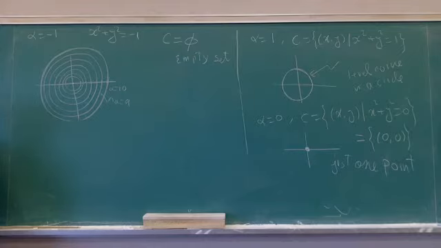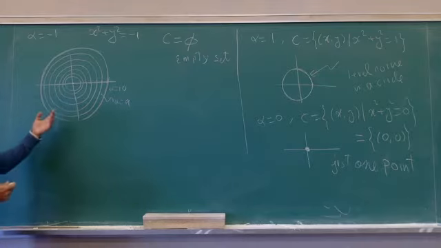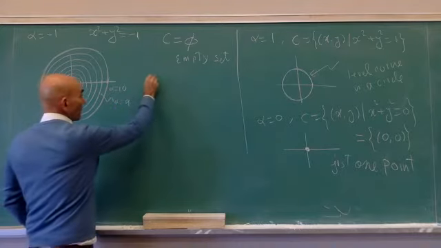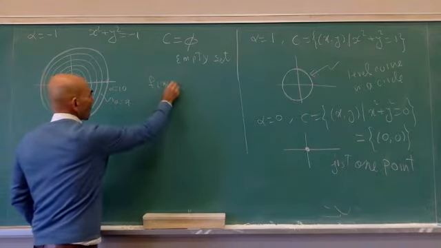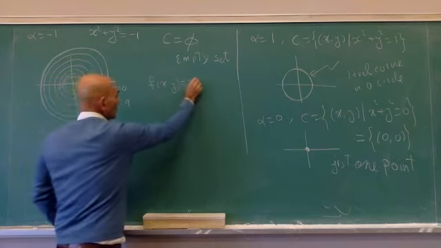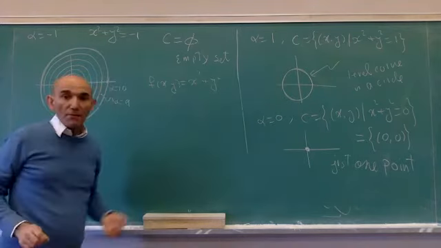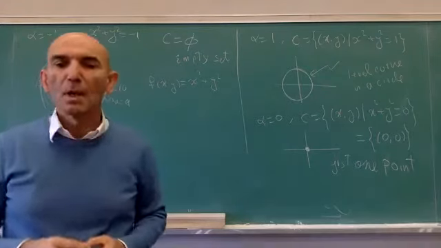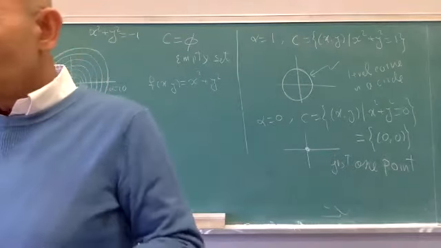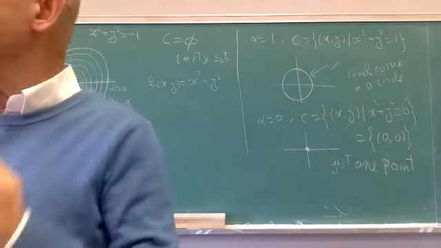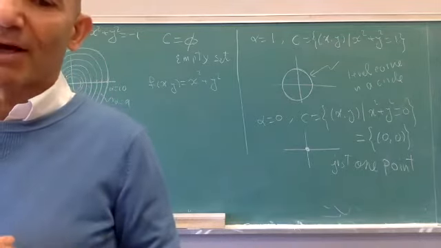So level curves are very, very useful in giving us the idea of this function. Now, this is the function f of x and y equal to x squared plus y squared. We can do something else with this function. Instead of drawing the level curves, which is a very good idea, we can draw the graph of the function, right?